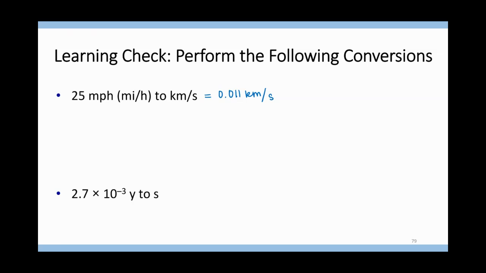Now in this one, as you're working through it, notice that you need to convert miles to kilometers and then hours to seconds. So there are multiple conversions here. And then 2.7 times 10 to the negative 3 years is 8.5 times 10 to the 4th seconds.